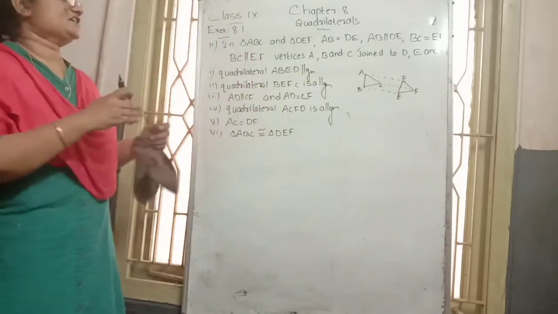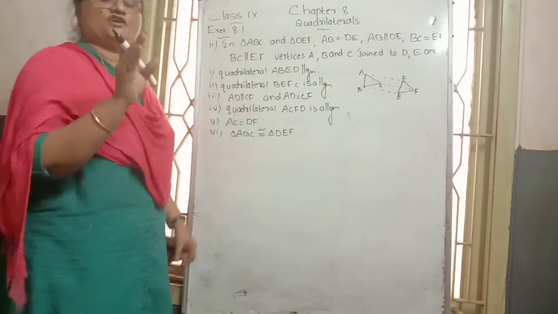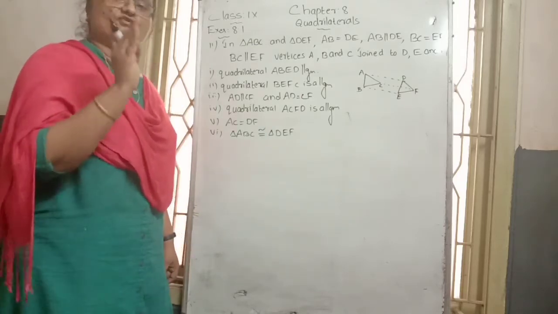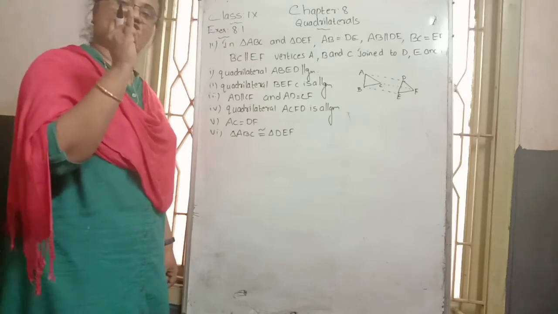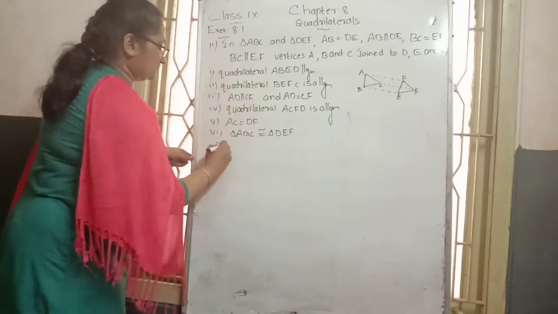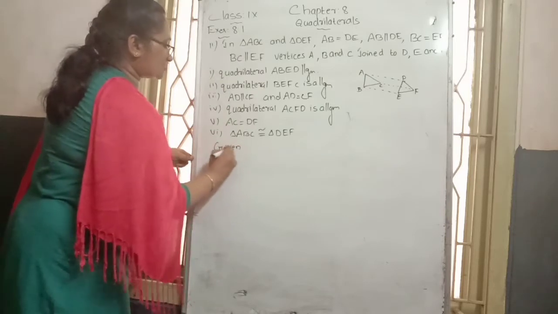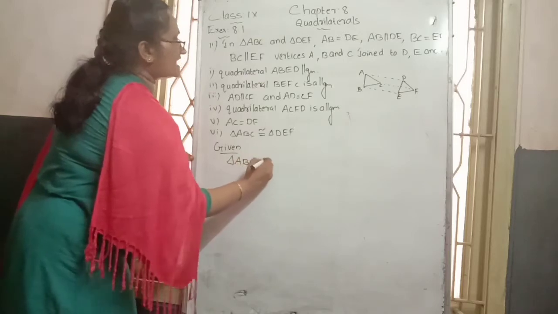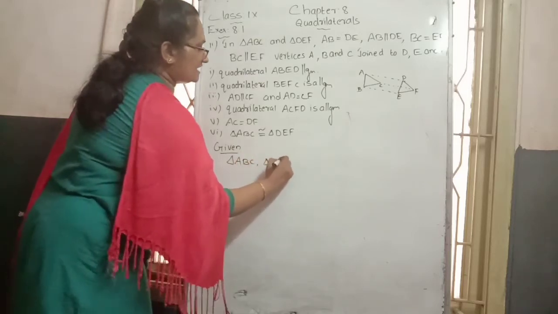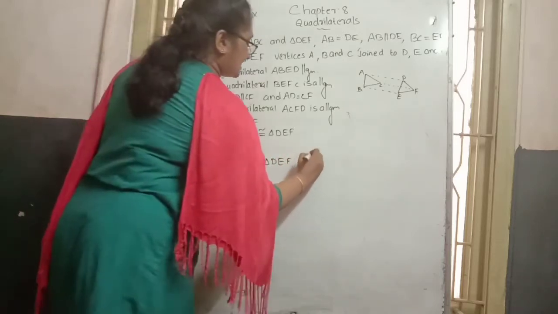How to prove that? For geometry proving, four steps are needed. First is the given case. What information have they given? They gave us two triangles, ABC and DEF. Which sides are equal?